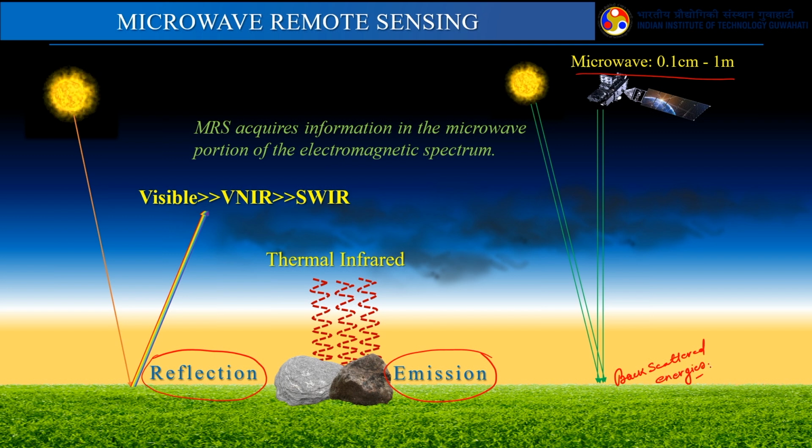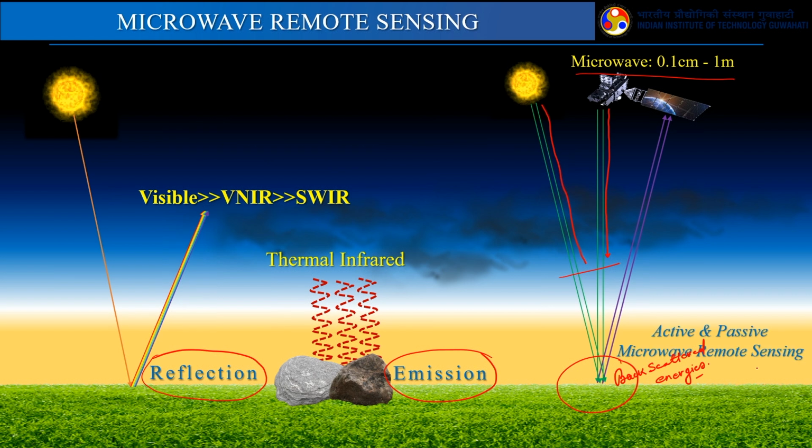Right, and you see here we have incoming radiation from the sun as well as incoming from the sensor. So, this is possible that we can have active as well as passive microwave remote sensing for any given target, right. So, this is active and passive, this is just an example.